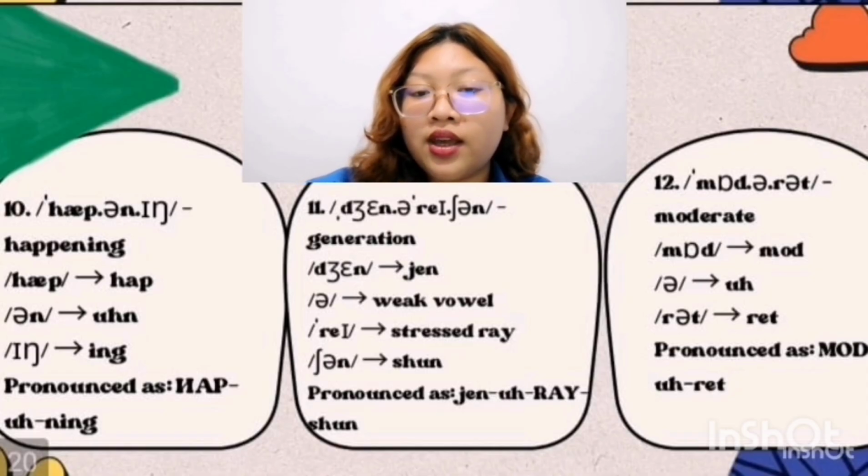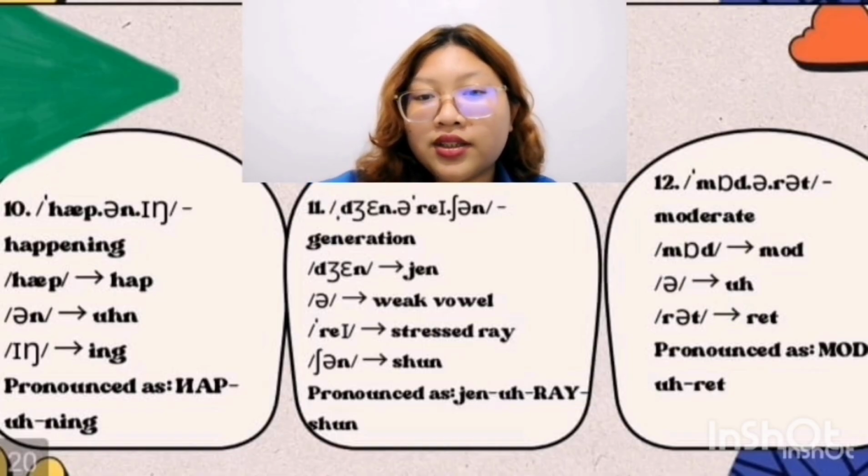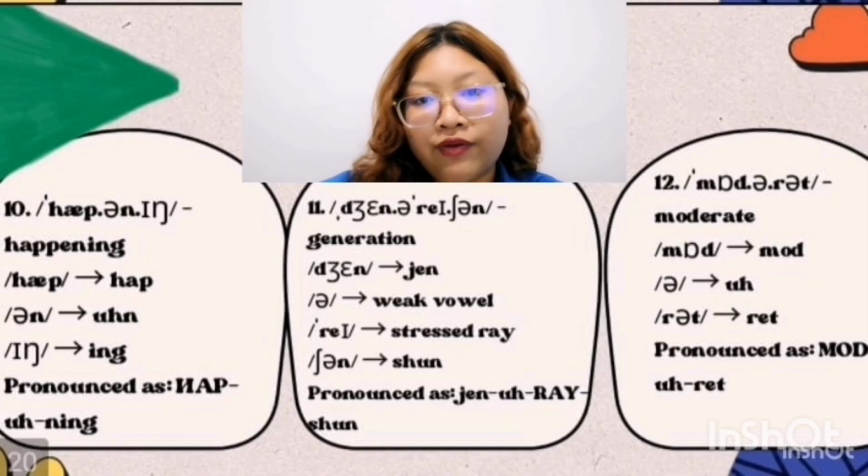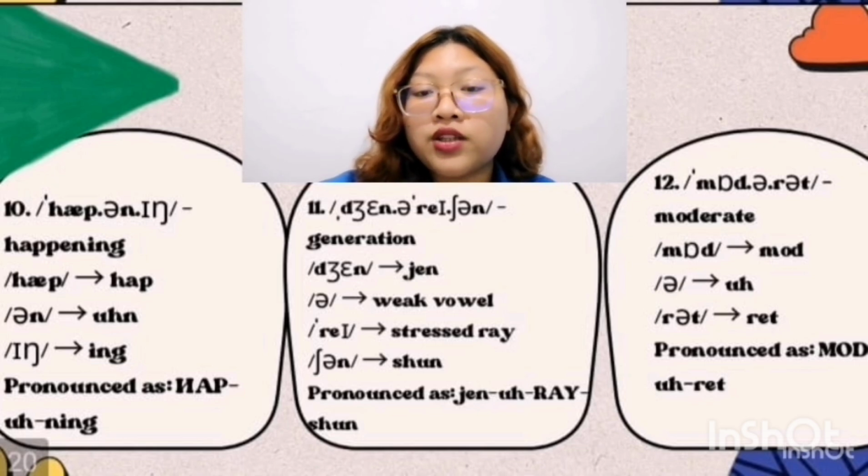So we read happening. Number 11, generations. This is read as "gen" and weak vowels, "uh-ray-shun". So pronounced as "gen-uh-ray-shun". Generations.